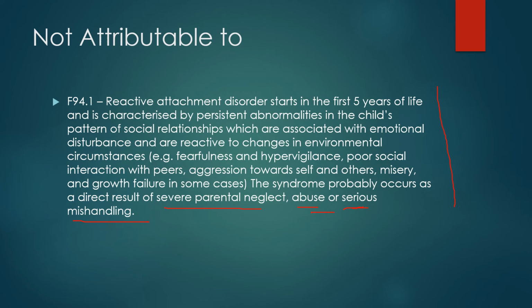These children are looking with hypervigilance in case somebody might come, take them, harm them, or not feed them, abuse them. So they are hypervigilant and will have poor social interaction with peers.